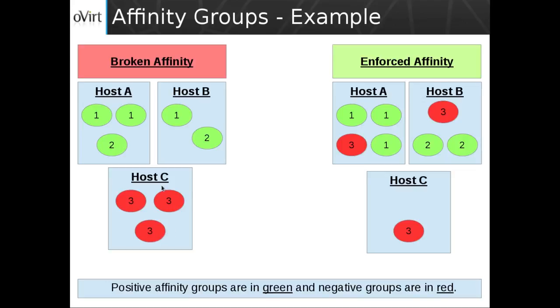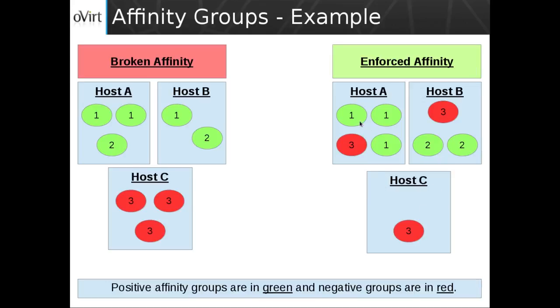As you can see, they are on the same host, and because of that, that affinity group is also broken. If I would enforce these affinity groups, what I would get would be something like this.